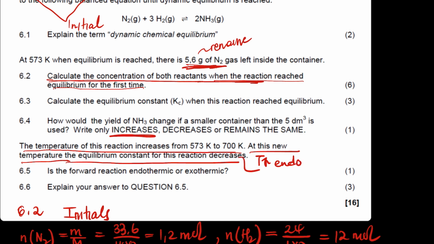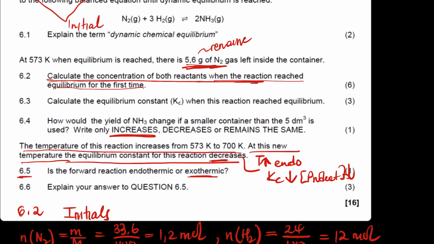But if the Kc decreases, that means the forward reaction is not favored here, because if the Kc decreases, the concentration of products decreases. That means it's the reverse that is favored, and the forward reaction here is exothermic.